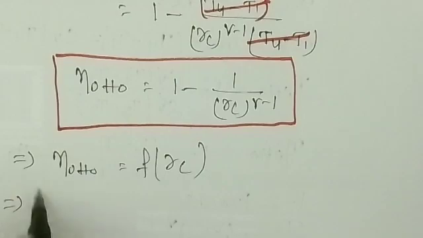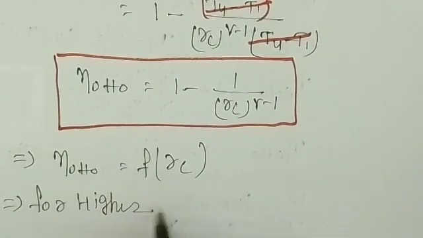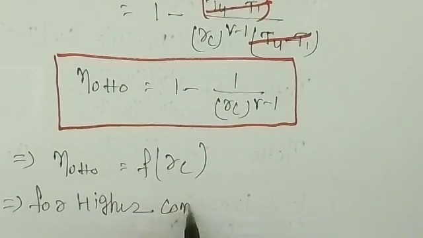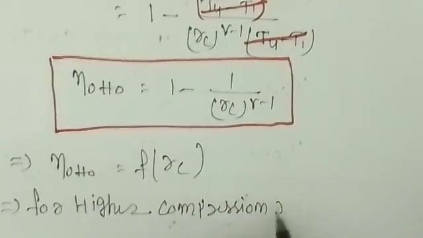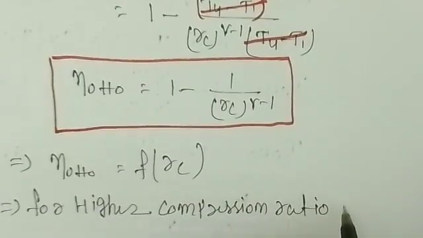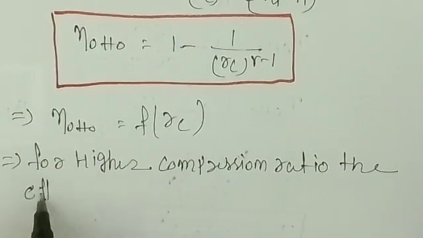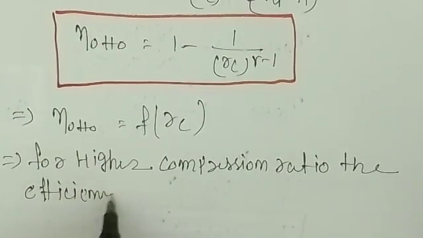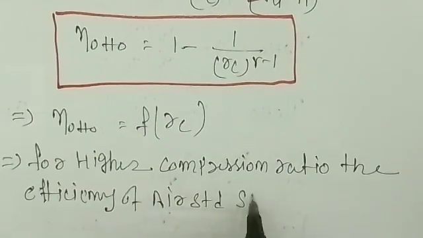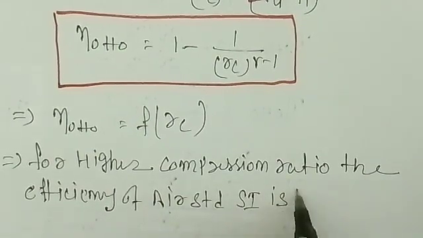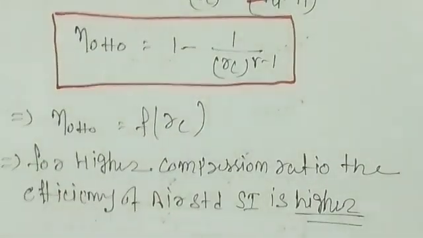So for a higher compression ratio, the efficiency of the air standard SI engine, or Otto cycle efficiency, will be higher.